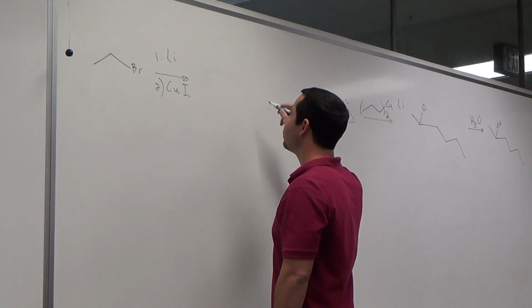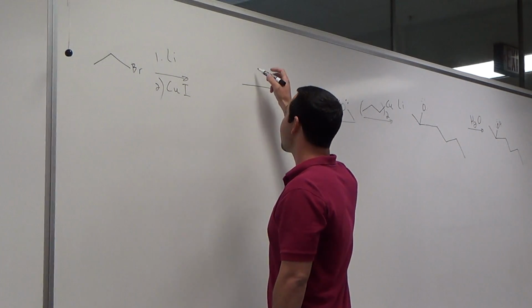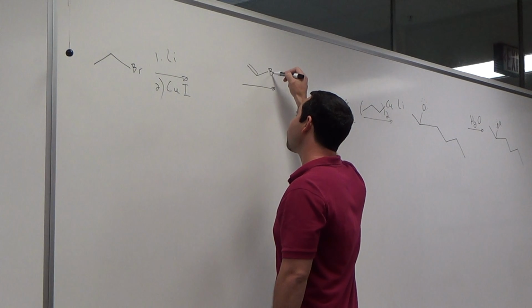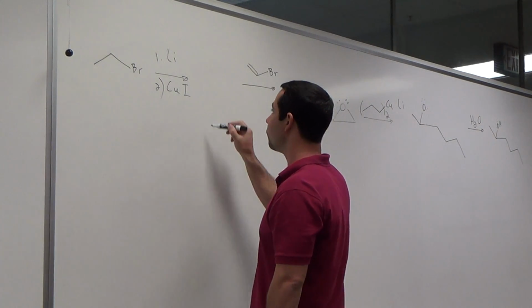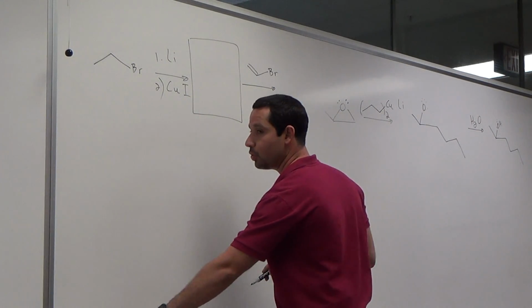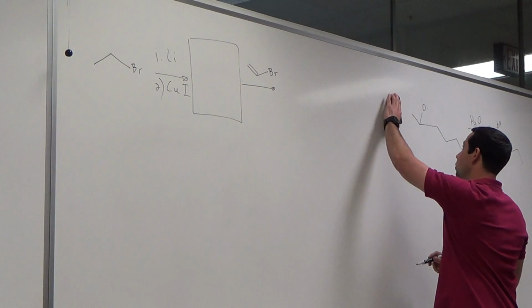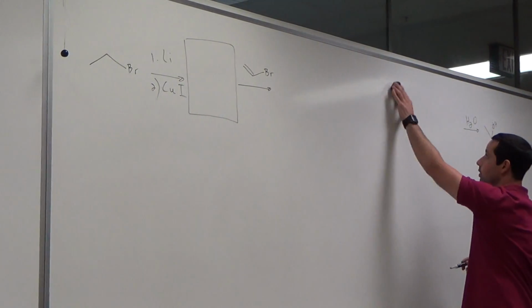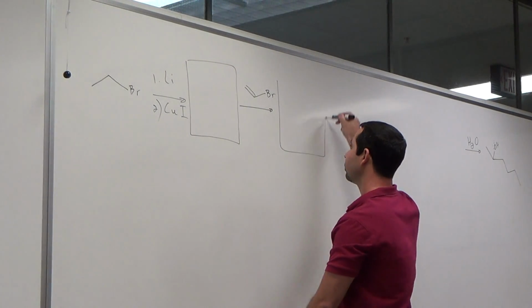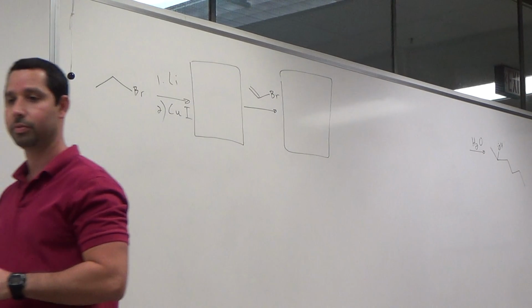Let's say this is what's going to happen to you on the next couple of exams, okay? There's going to be a multi-step. Write both products.